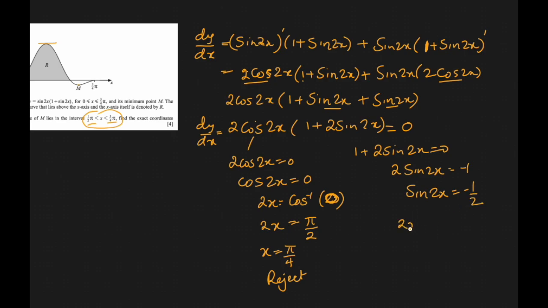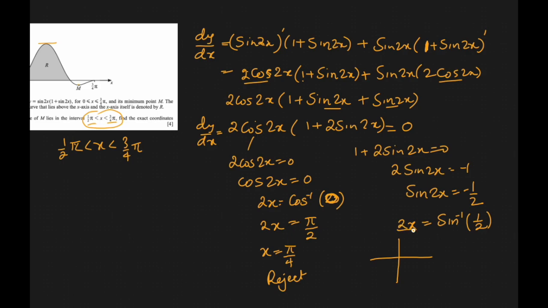So 2x equal to sin inverse of -1/2, but for negative we will just see the quadrant where it will lie. They have given us half pi and 3/4 of pi for x.